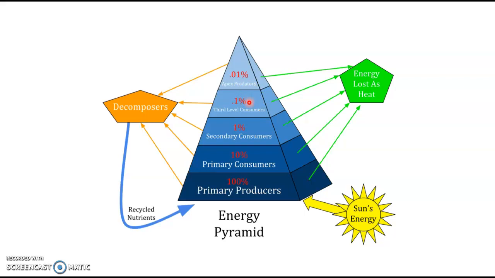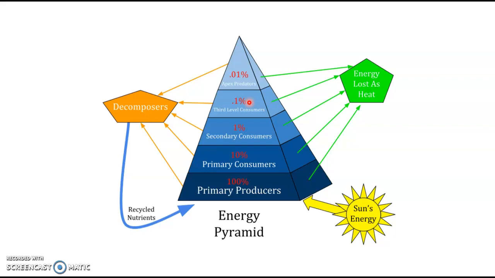Third level consumers have 0.1% energy available, and then 0.01% energy is available for apex predators, and human beings come under this category.